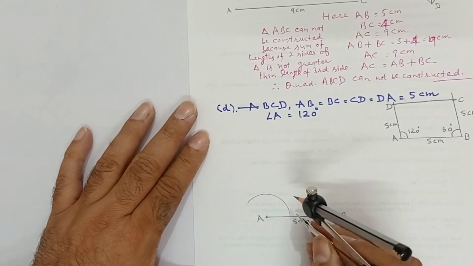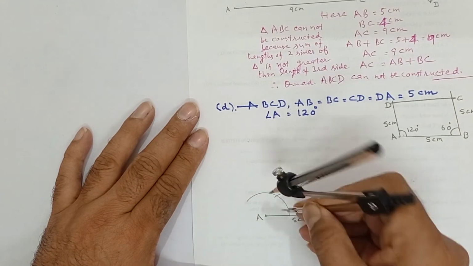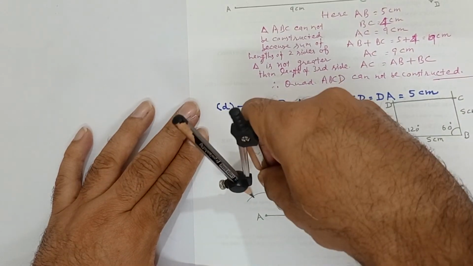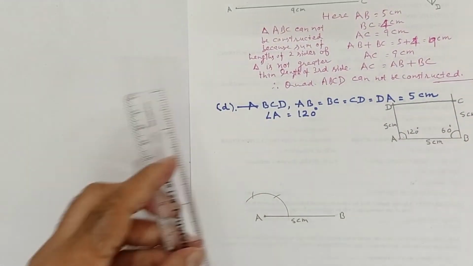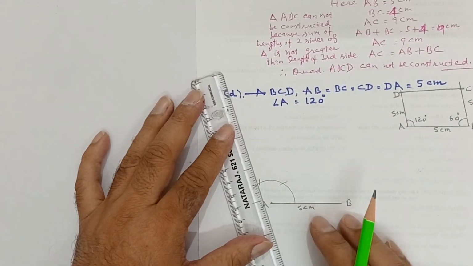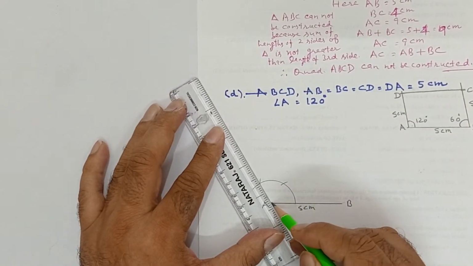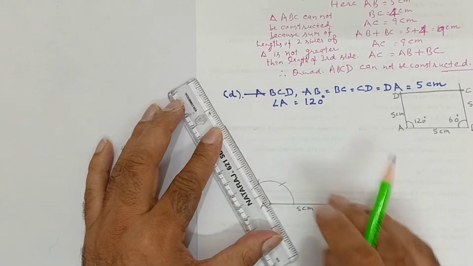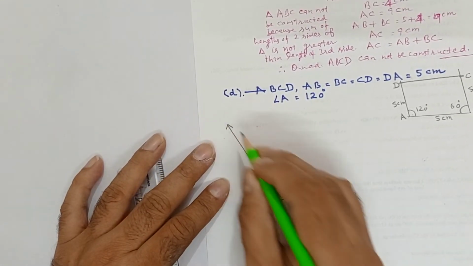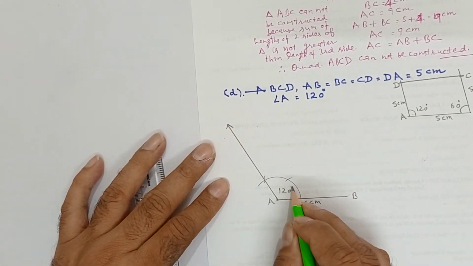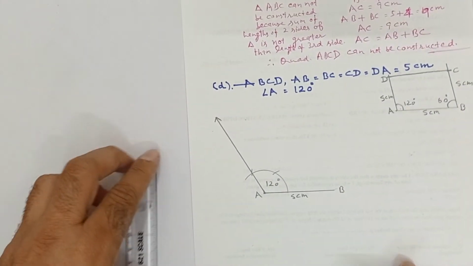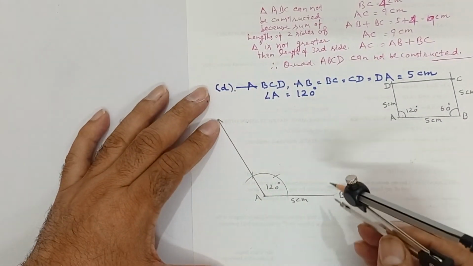This is 60 degree, and this is 120 degree. So extend this line. And I have written here 120 degree. This we have found that it will be co-interior.